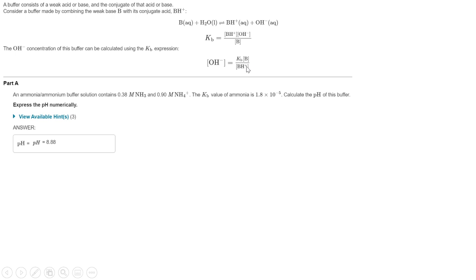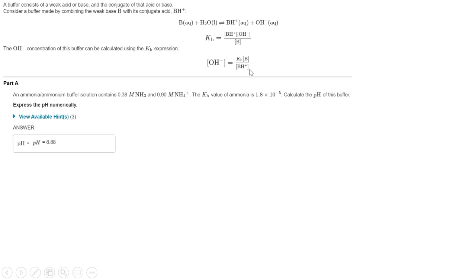And so they've actually went ahead and solved this Kb expression for you. And if you remember your Kb expressions, you can typically just plug in your initial values for these concentrations here. See that?